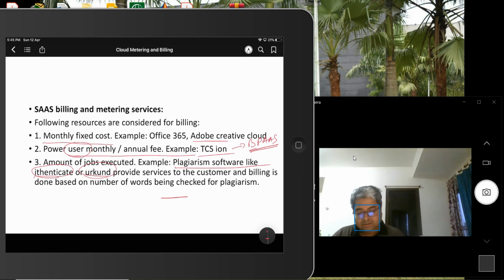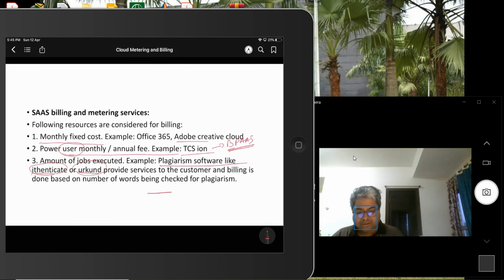So based on this, their charging and billing will be done. This is a brief idea about how your metering and billing is calculated. But there are lots of other parameters. Basically, this is an entire complex procedure, and it is also transparent.